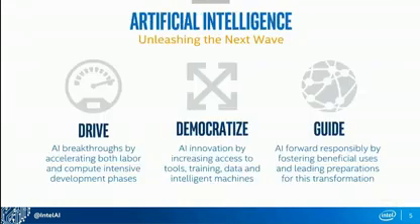So one of the things that's very important for Intel as we look at our involvement in AI, and this aligns very strongly with SAS as well, is we want to help drive the AI breakthroughs by accelerating both the compute side of it, which is obvious as Intel is a manufacturer, but also the development phases, providing the tools, the infrastructure, and the modeling approaches that have already been proved out to allow you to jumpstart your own efforts.